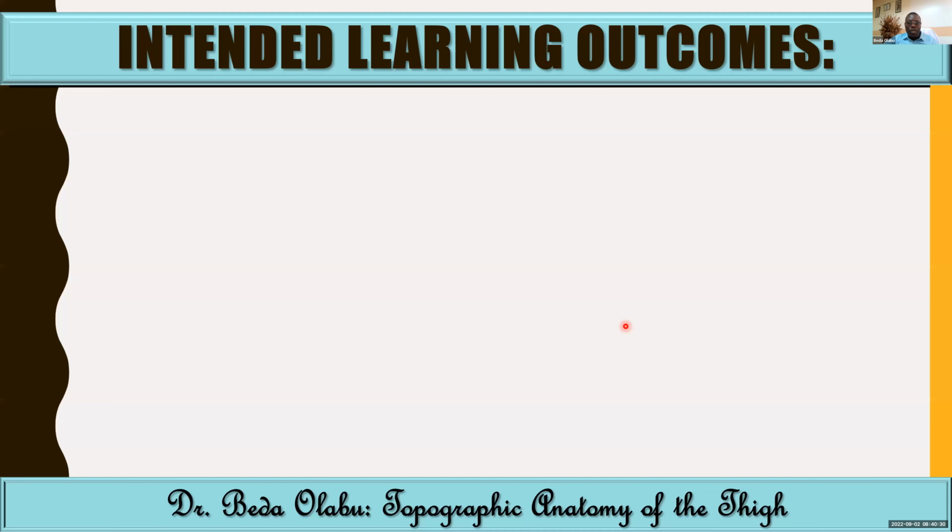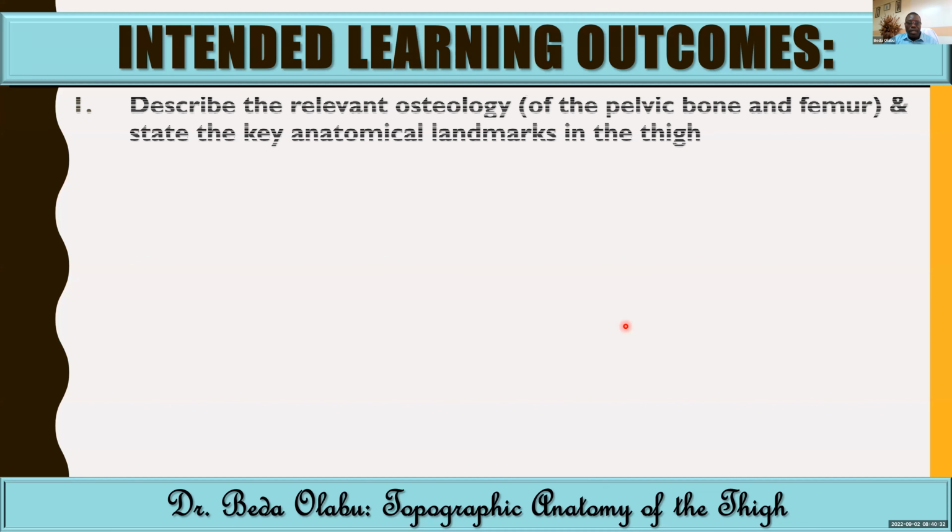So in this particular session, where we are looking at the topographic anatomy of the thigh, what exactly are we going to learn? First and foremost, it will be important that we familiarize with the topographic anatomy of the bones which are around this region. The principal bone in the thigh is the femur, and so we look at topographic anatomy of the femur.